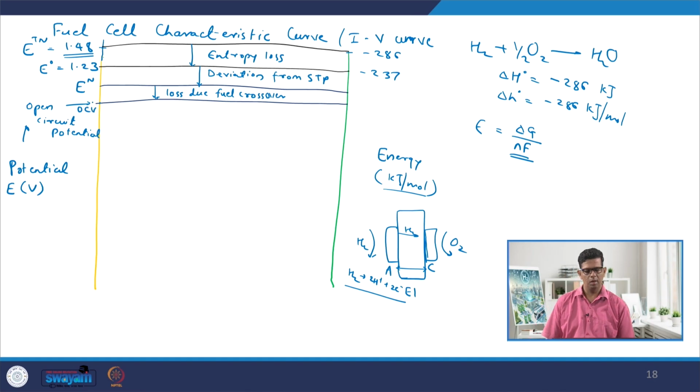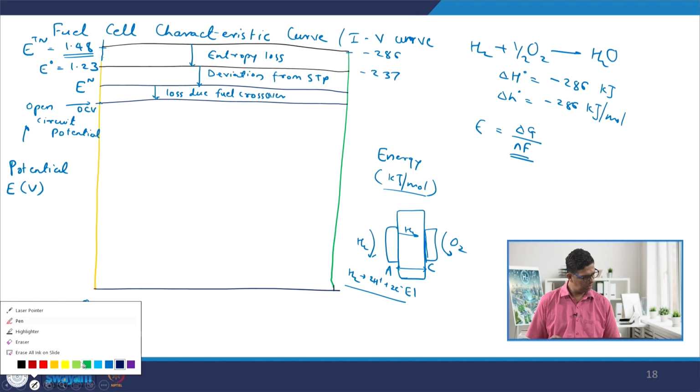OCV for a hydrogen oxygen fuel cell typically is around 1 volt, sometimes a little over 1 volt. This is what we will see if we connect the terminals with a multimeter. This is what we are expected to see, and that is the open circuit potential when there is no current flowing in the external circuit.